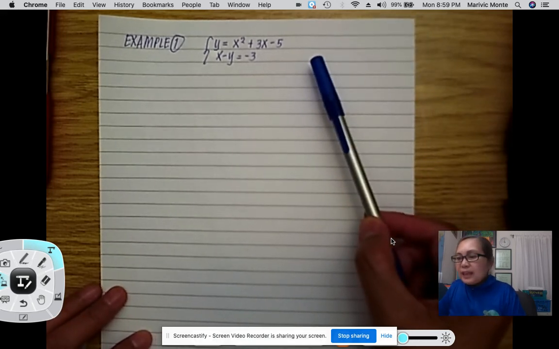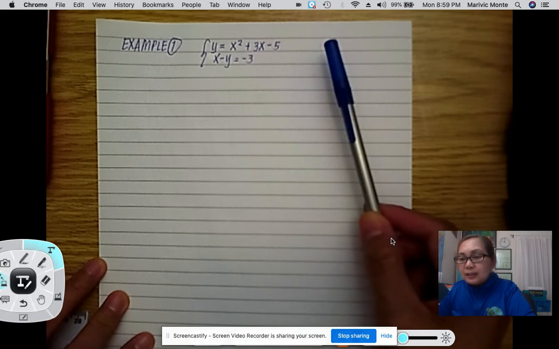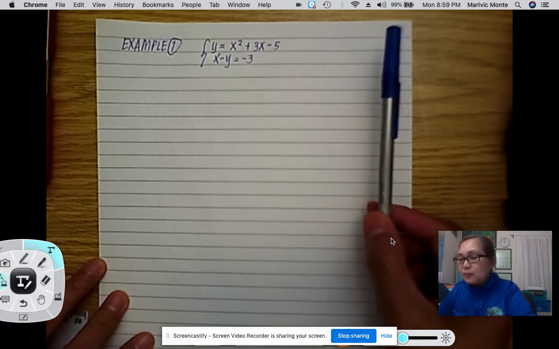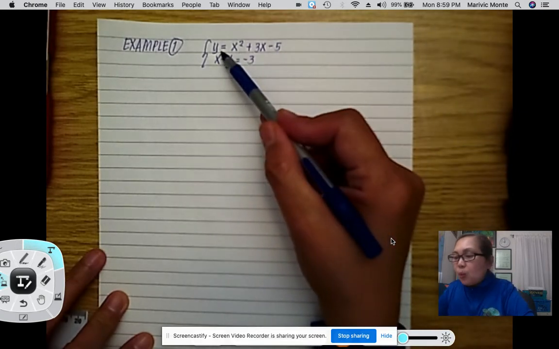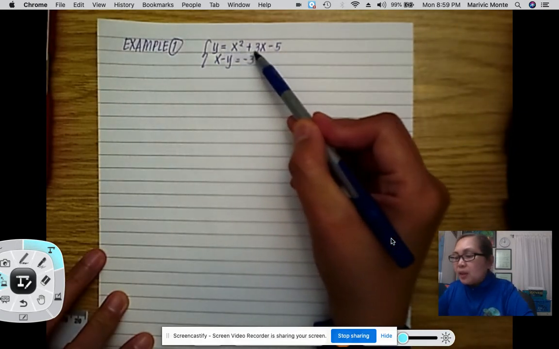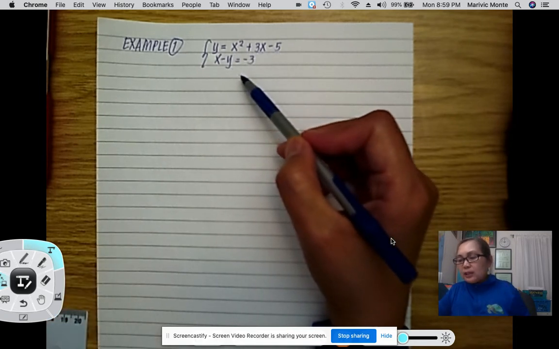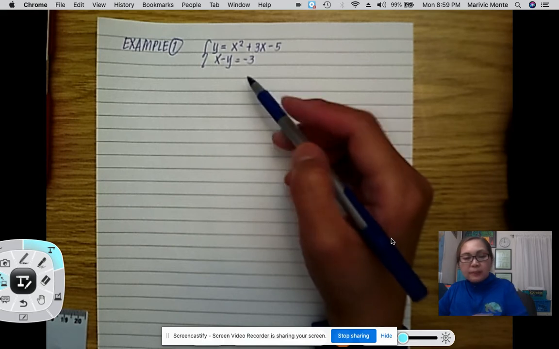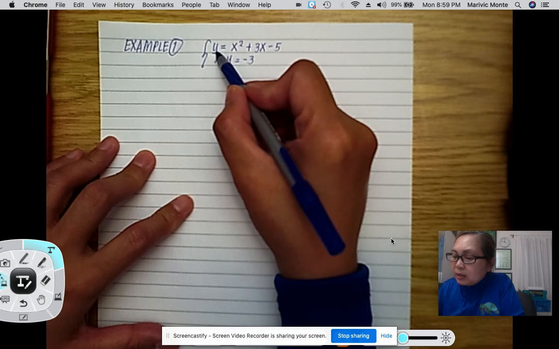Our first example for solving a linear quadratic system by substitution is composed of the equations y equals x squared plus 3x minus 5 and x minus y equals negative 3. If you notice, the quadratic equation has the y already by itself.